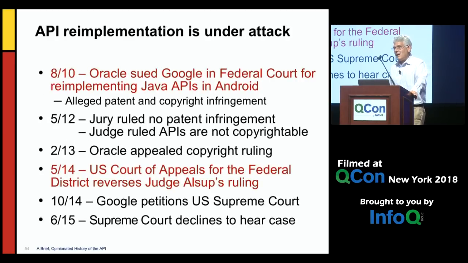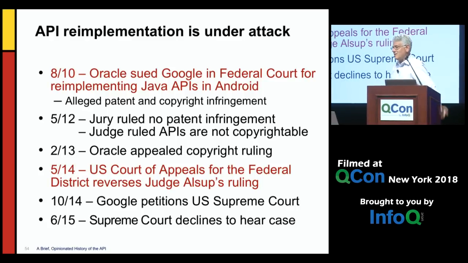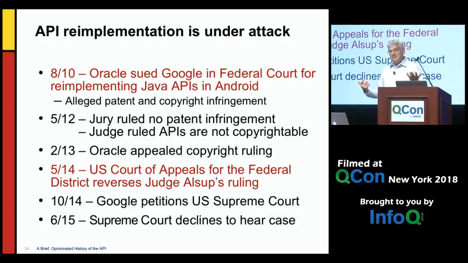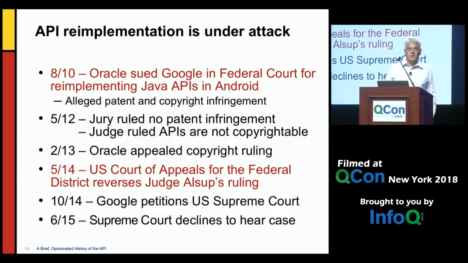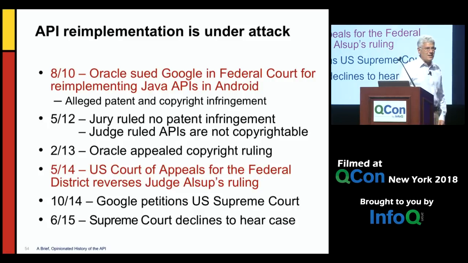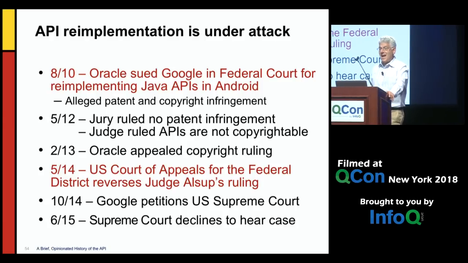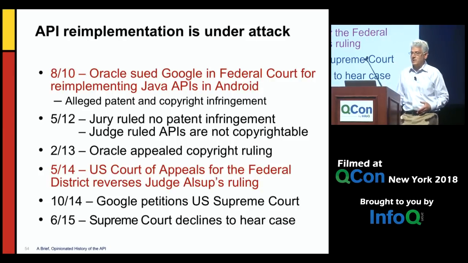But now, and for the last 8 years, API re-implementation is under serious attack. In 2010, Oracle sued Google in federal court in the Northern District of California for re-implementing the Java APIs in Android. They alleged both patent and copyright infringement, and that turns out to be very important.